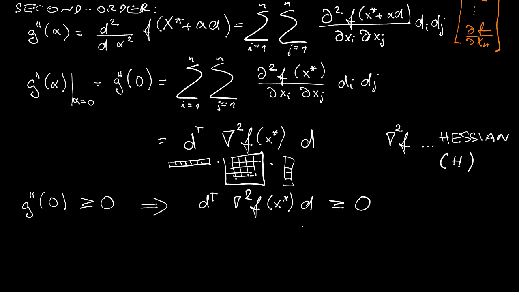And since d, just recall, is really arbitrary, we can immediately ask the question, what can be inferred about this inequality from the Hessian matrix if d is arbitrary?